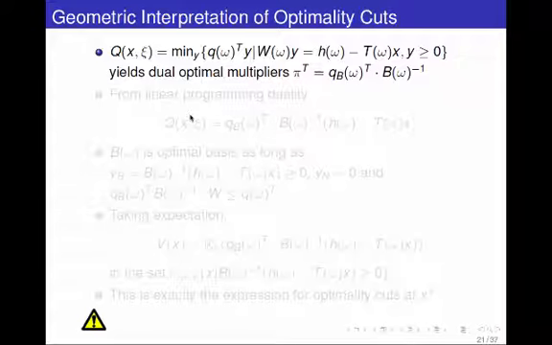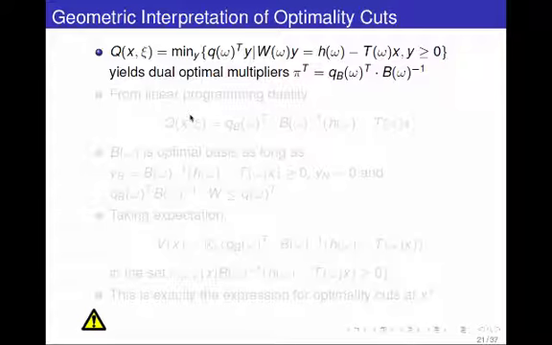Here's what happens when we're solving the second stage problem. We have this Q function of first stage decisions and uncertainty. This is the linear program we're solving, and the dual optimal multipliers are these over here. Have you seen this formula before for dual optimal multipliers?